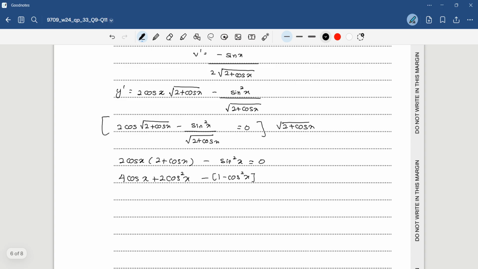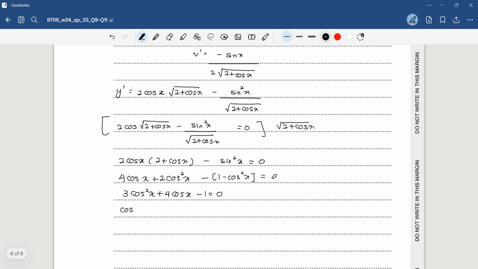Why do I change it into cos? Because if you notice, all of them are in terms of cos, so it will be a quadratic equation when you change it into cos. So it will be 2 cos squared minus minus plus, so 3 cos squared x plus 4 cos x minus 1 equivalent to 0.